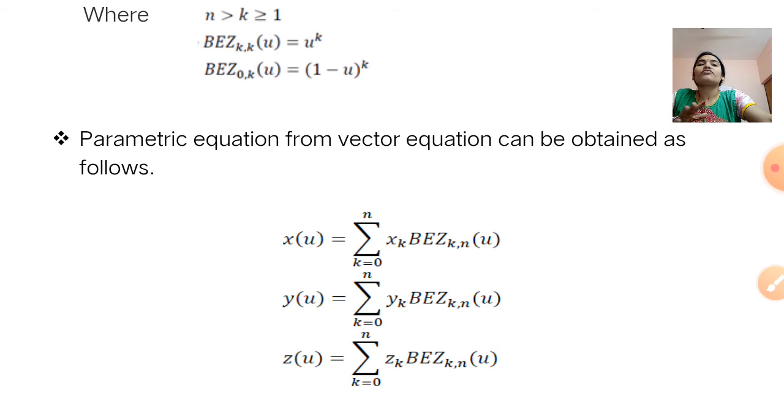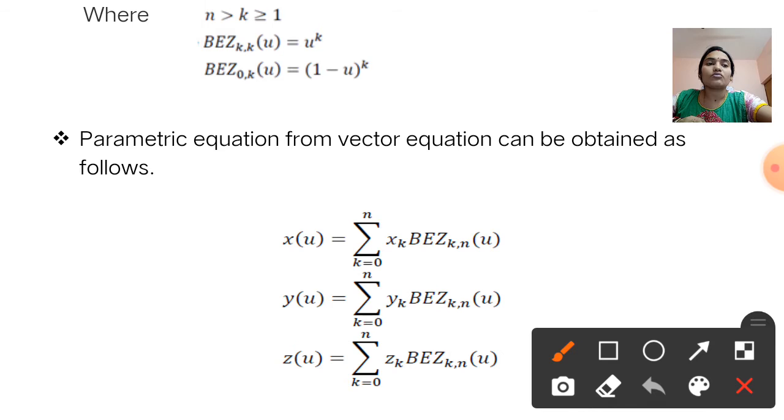The parametric equation from the vector equation can be obtained as x(u) equals summation k equals 0 to n of xk BEZ(k,n)(u). This is for the x coordinate position, and y(u) equals summation k equals 0 to n of yk BEZ(k,n)(u), and z(u) equals summation k equals 0 to n of zk BEZ(k,n)(u).